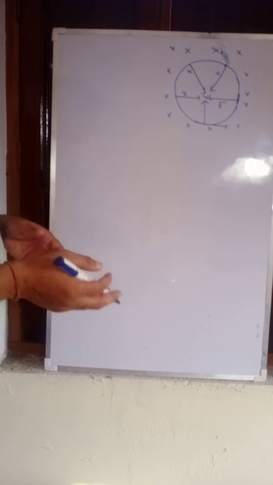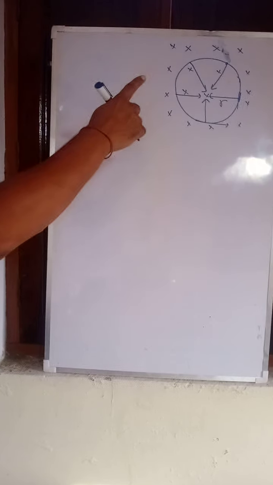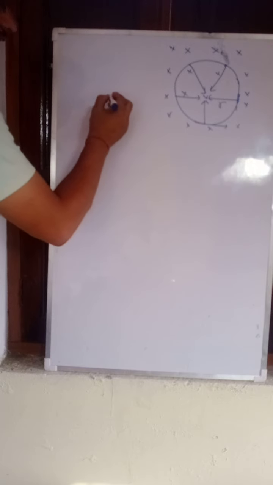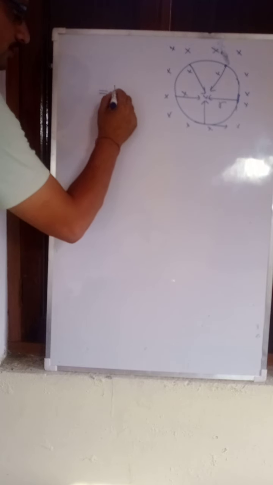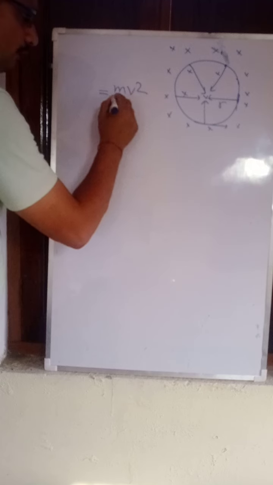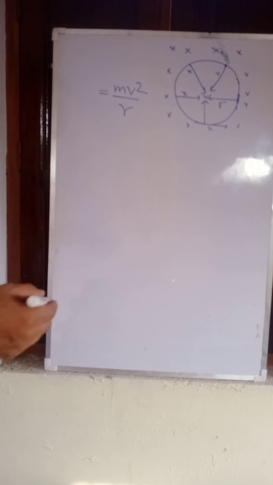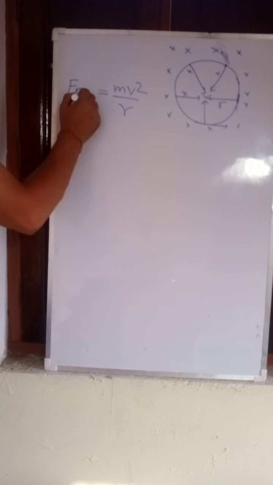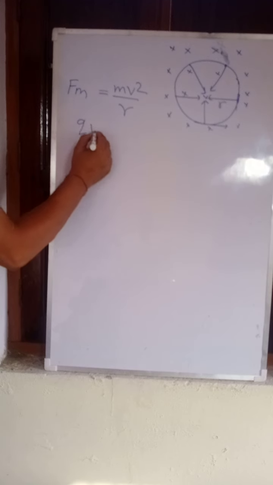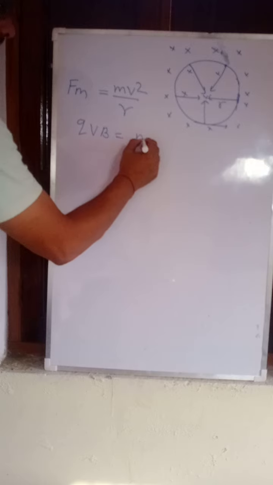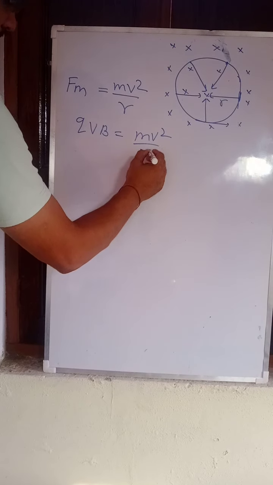Velocity I have already taken as v. So to take the circular path, the particle requires a centripetal force equal to mv square by r. This required centripetal force will be provided by the magnetic field, which we have calculated already, qvB, equal to mv square by r.